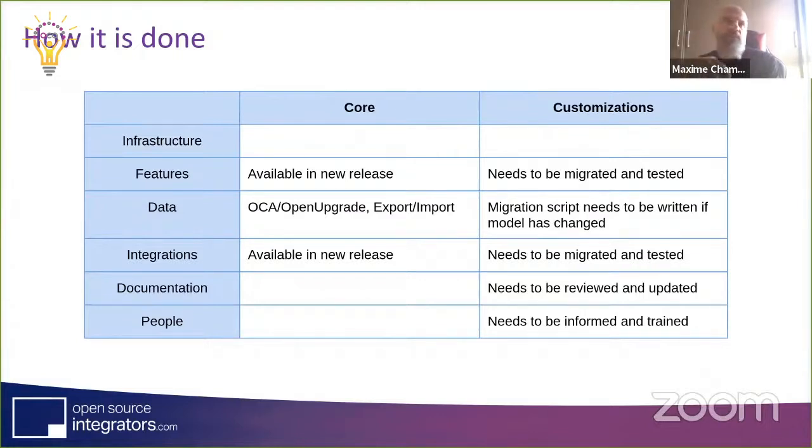In the US, you may be using TaxCloud. So all those other systems may be taken care of. And again, if you have customization there, it may be included in the core, if Odoo decided to support it, but it might not be there. So again, you need to migrate, you need to test, and make sure that everything works.